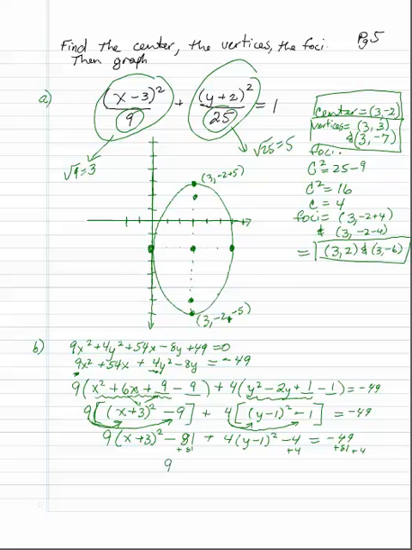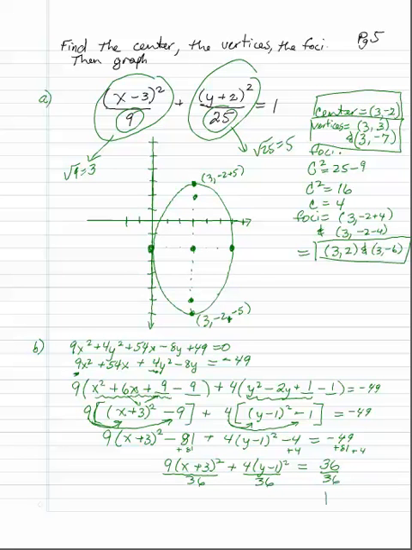And you get 9 times (x plus 3) squared plus 4 times (y minus 1) squared equals, let's see, 36. And then of course your next step is you're going to divide everything by 36, each term.